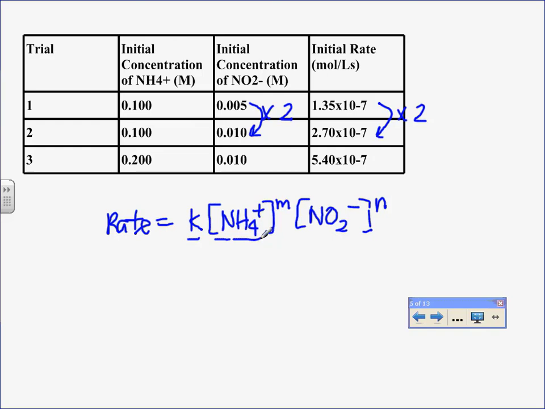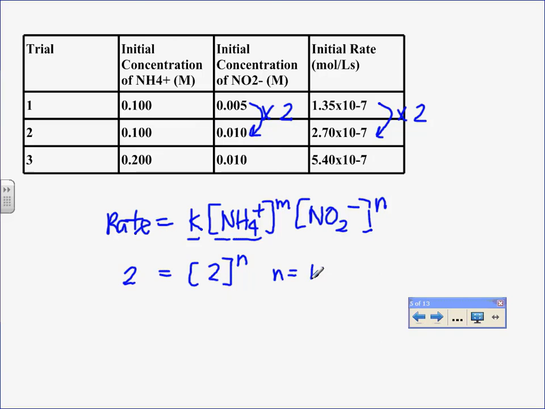I haven't changed the concentration, so I know the change in the rate, doubling the rate, has come from doubling the concentration. So we can take a moment and look at what that means for the exponent. In that case, the exponent needs to be equal to 1. Okay, so we know the exponent n is equal to 1.